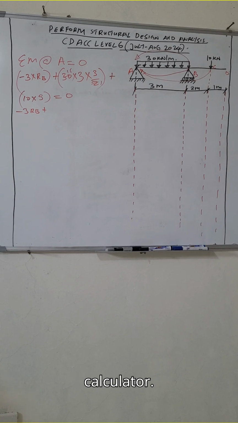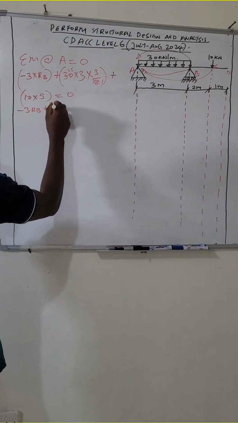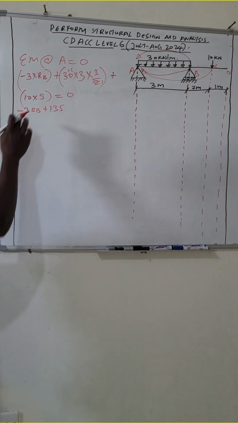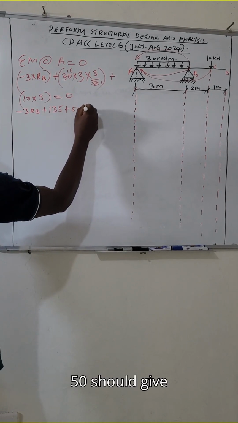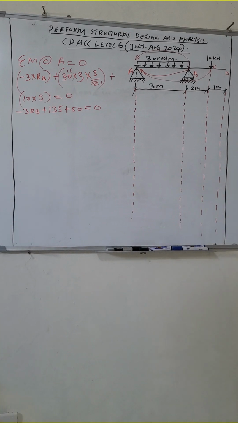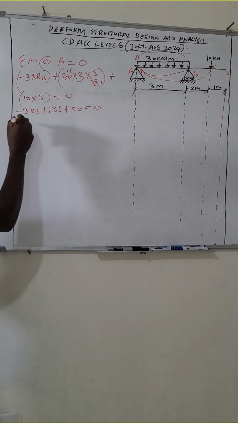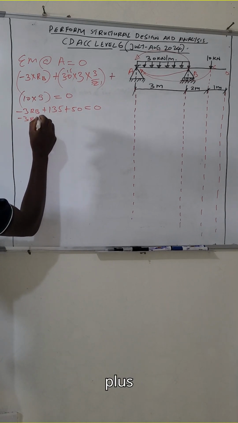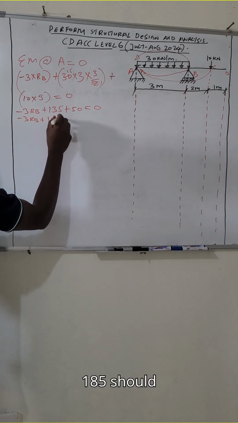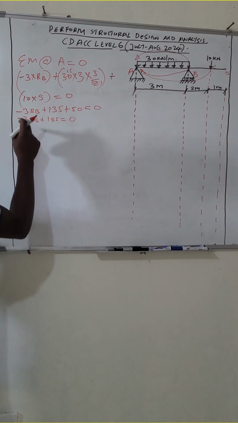You can punch your calculator. 15 times 9 is 135, plus 135. Then 10 times 5 is 50, plus 50 should give you 0. So minus 3RB plus 185 should give you 0.